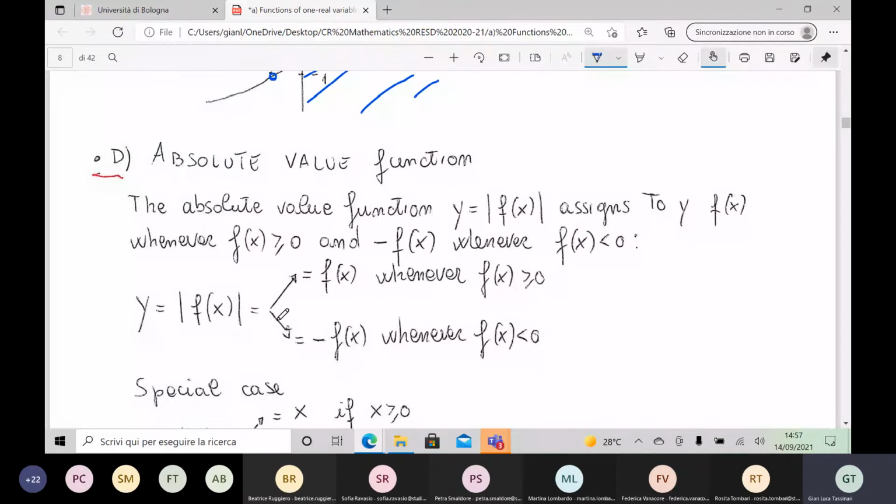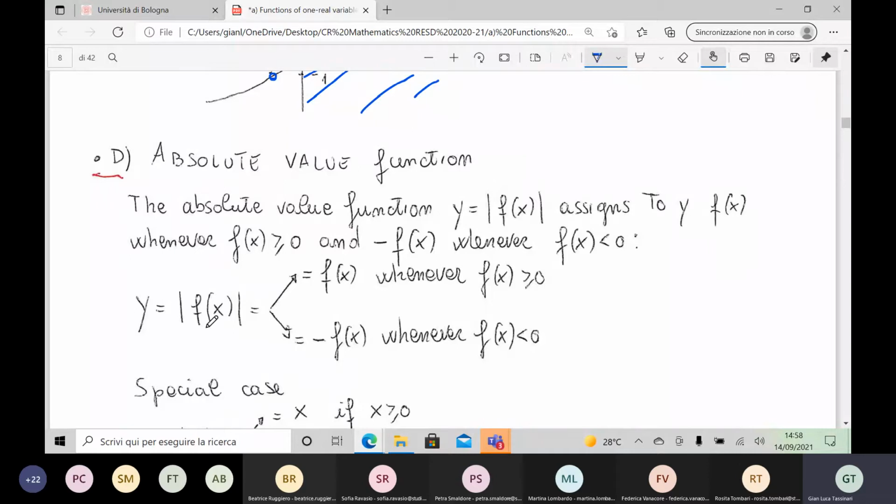For values of x that make f of x negative, the absolute value tells you, I like to think positive, so if f of x is negative, you multiply this negative quantity by minus, and minus times minus is plus.